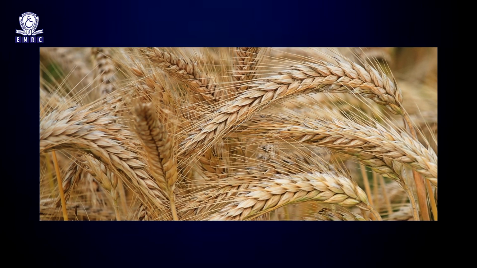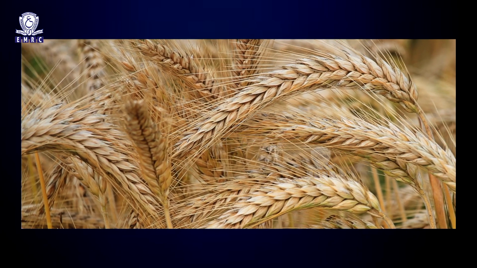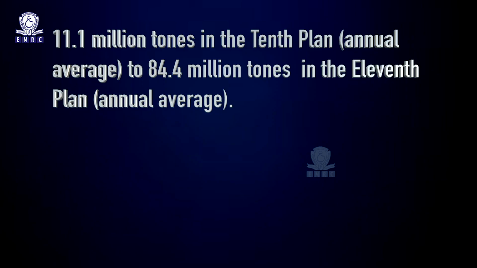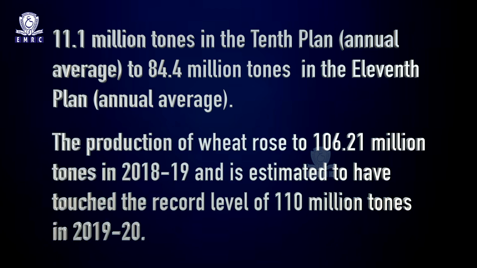As far as food grains are concerned, wheat seems to have made rapid strides with its production increasing from 11.1 million tons in the 10th plan to 84.4 million tons in the 11th plan. The production of wheat rose to 106.21 million tons in 2018-19, and it is estimated to have touched the record level of 110 million tons in 2019-20.